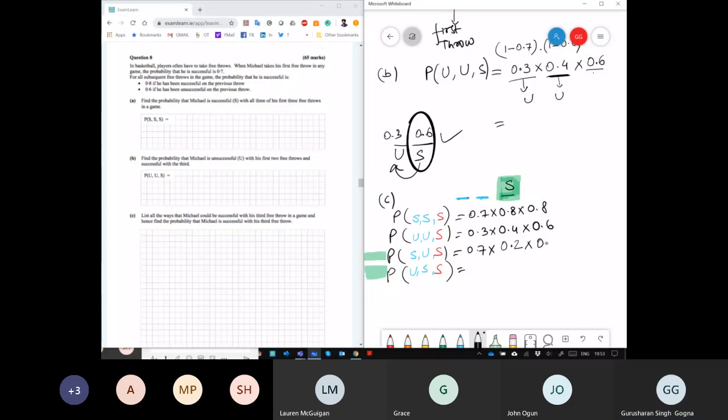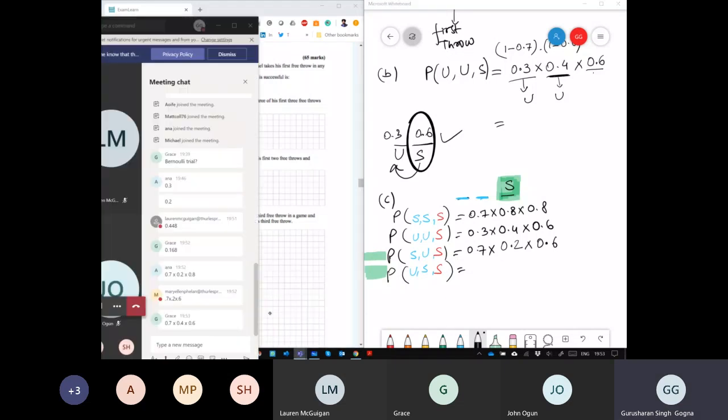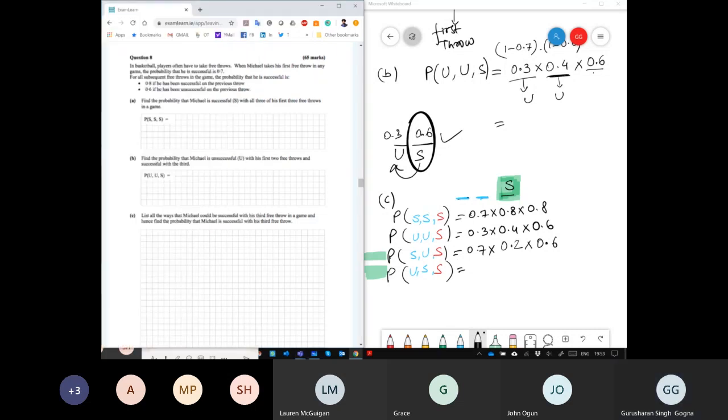So that should be 0.6. Let me see what was the answer, sorry. 0.7, 0.2, 0.6. Yes. Exactly. Now Anna said 0.7, 0.2, which is correct, but the last one you're saying 0.8. Why 0.8? No, it should be 0.6 because in the previous throw he was unsuccessful, isn't it? When you take 0.8, the previous throw was successful. So it has to be 0.6.